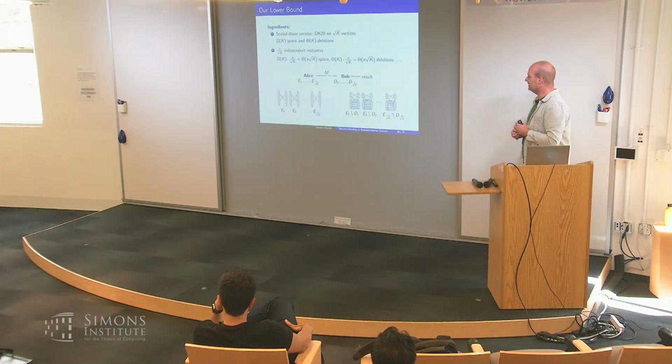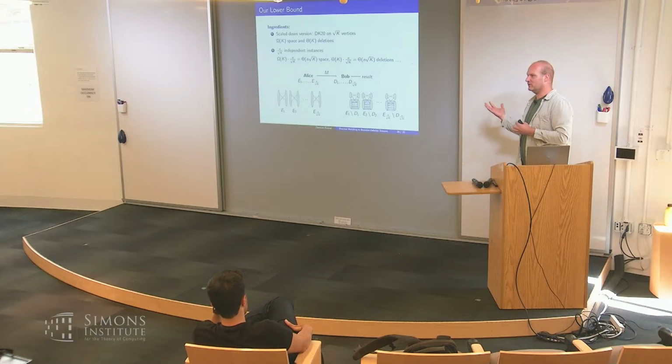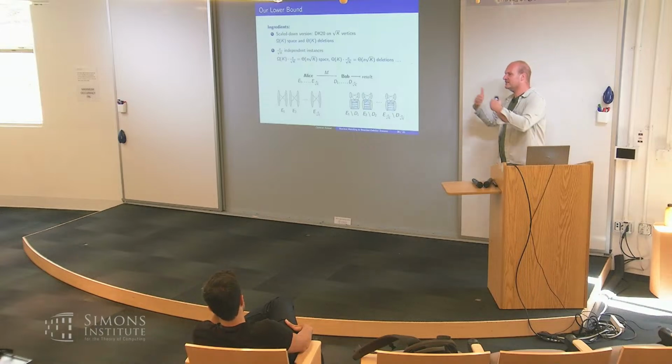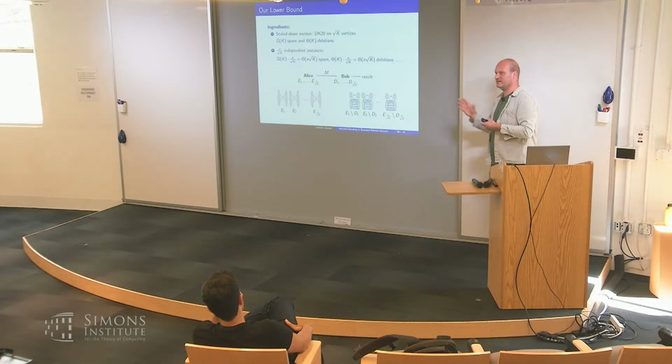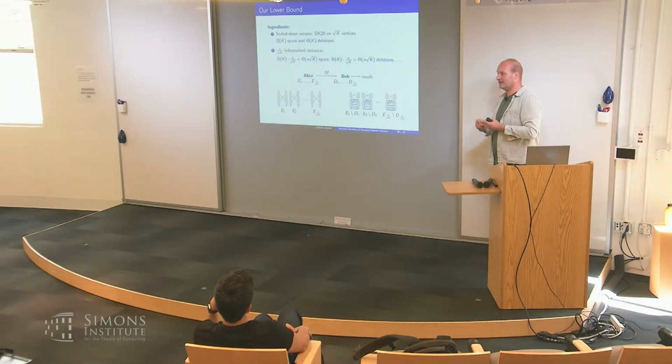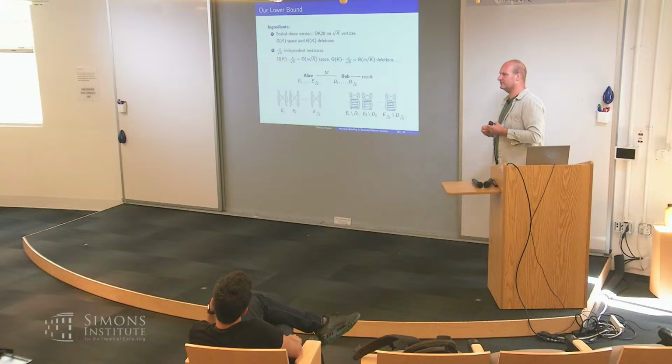My guess would be that we can design the same kind of upper bound. We get also n root k as an upper bound. The lower bound already holds when we have only k deletions, so I don't think we need to repeat. I don't think it makes the problem harder. I think it's more an upper bound question to see whether it works in our setting, and I would believe it does. But I don't think the lower bound would help for getting a better lower bound.